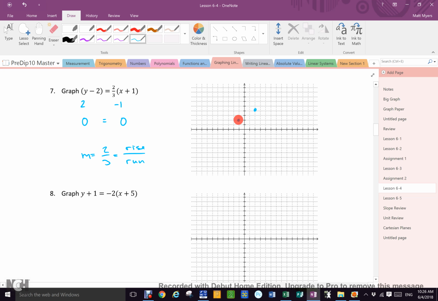Then if I go down, I go left 1, 2, 3. And then what do I do with those 3 dots? Connect them. Because it is continuous data, because every single number in the universe can go into that equation. Yeah? Is everybody good?